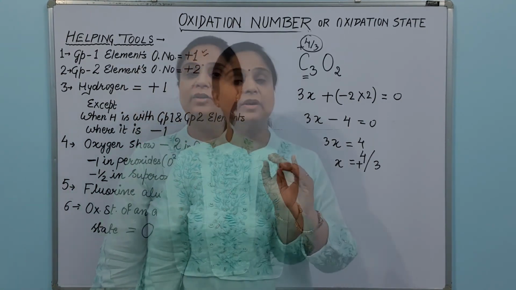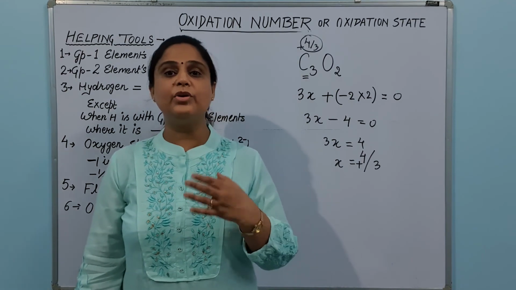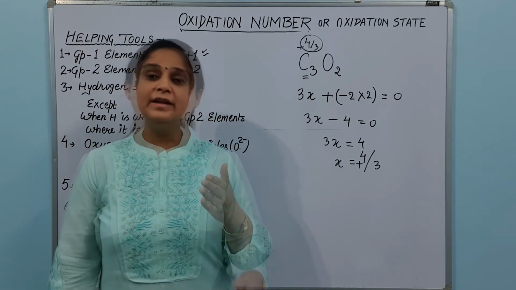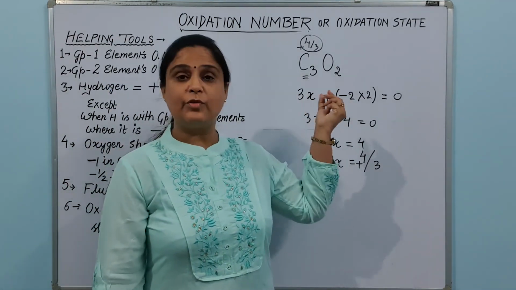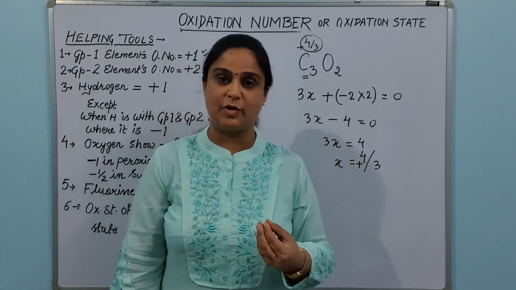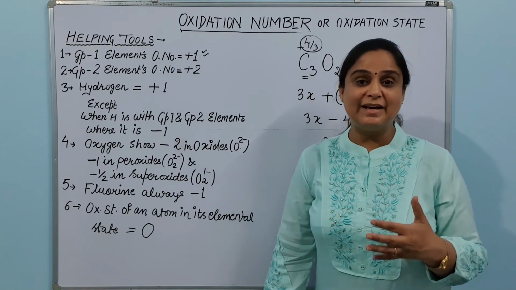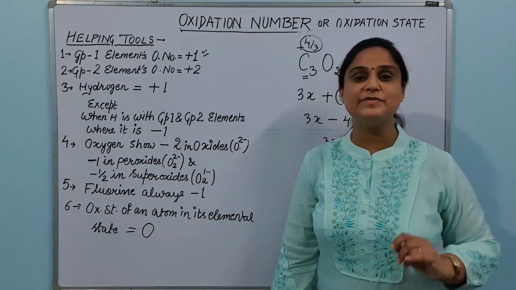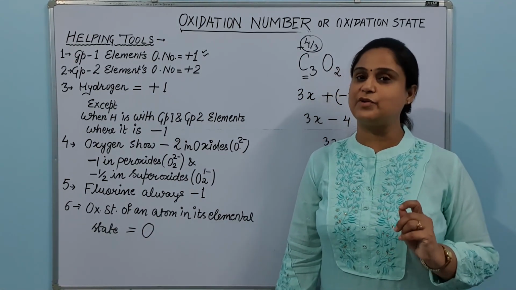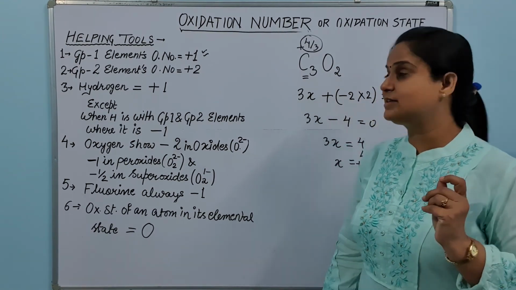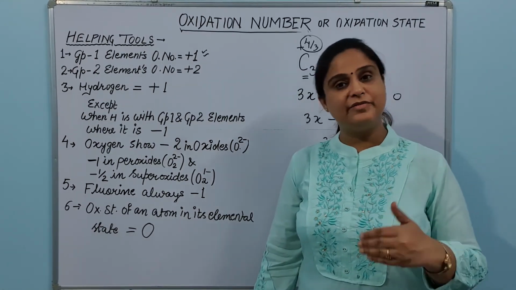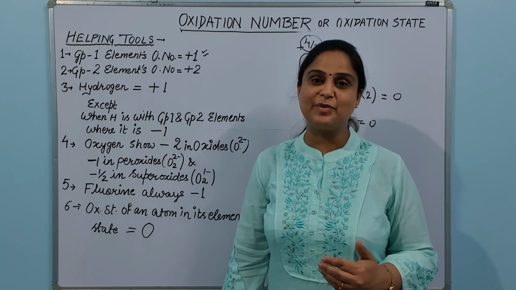In any case, no half electrons can be pulled or pushed from any atom. And in this case, what does 4 by 3 indicate? That is the problem. We will solve it in the next video, and we will talk about these types of molecules where we get fractional values of oxidation state. Actually, the reason lies in their structures, and we will talk in detail about these molecules in the next video.